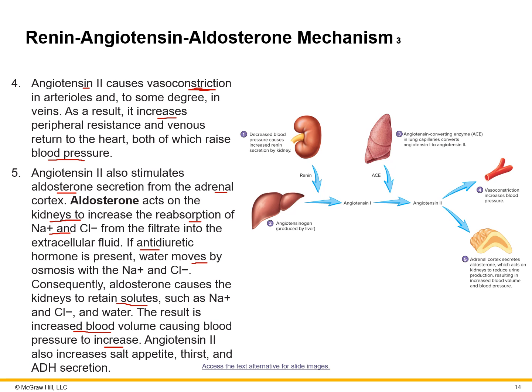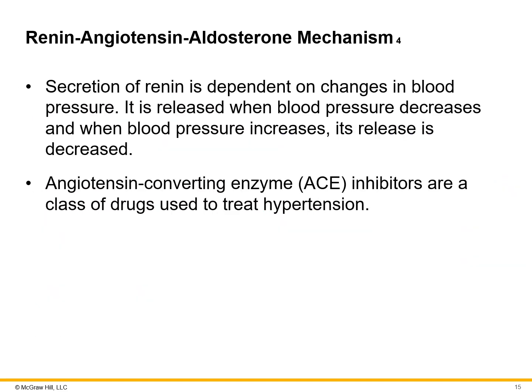Angiotensin 2 also increases that salt appetite. It makes us thirsty, we crave salt, and it increases antidiuretic hormone secretion. The secretion of renin, again, is dependent on changes in the blood pressure.